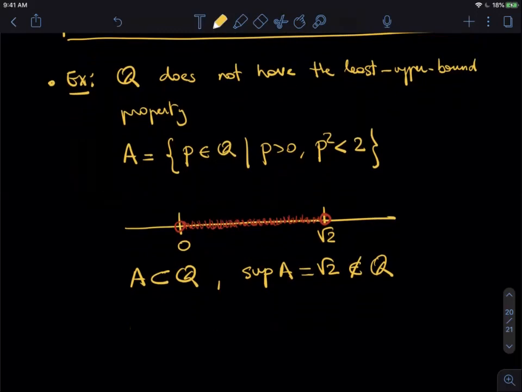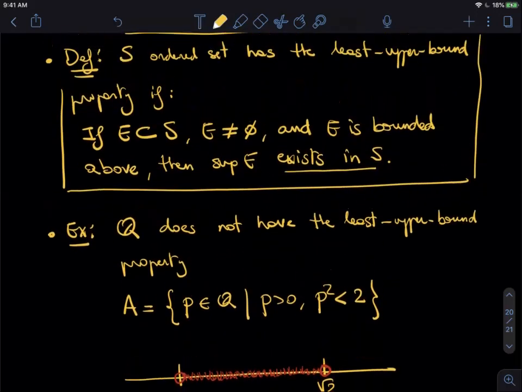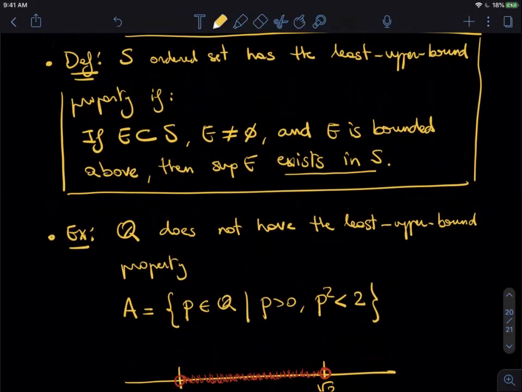Now, the next question that anybody should have right now is, okay, so what? What is this definition useful for?